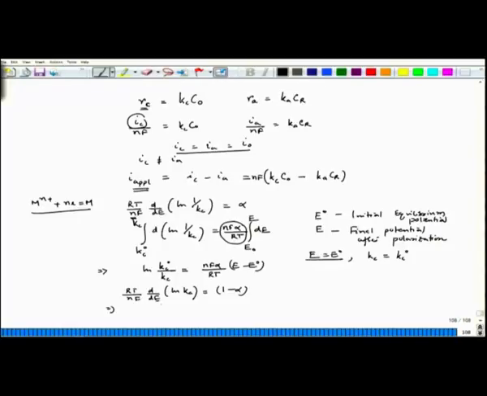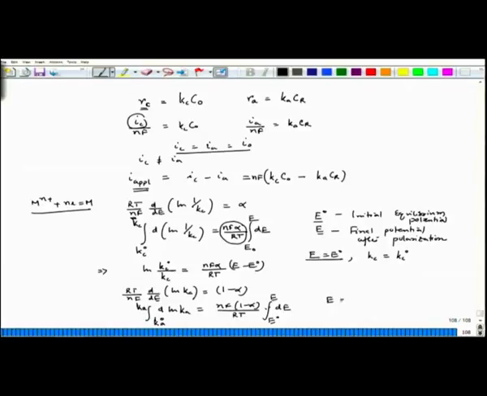We can also find out the limits. We can write it in this fashion: d ln Ka equal to Nf (1 minus alpha) by RT dE. Here also the limit would be the same, Ka0 and Ka.